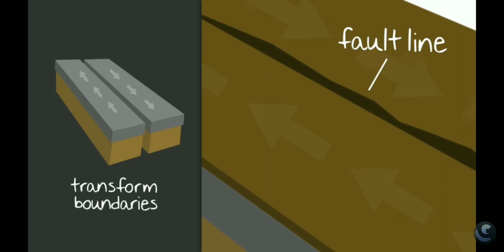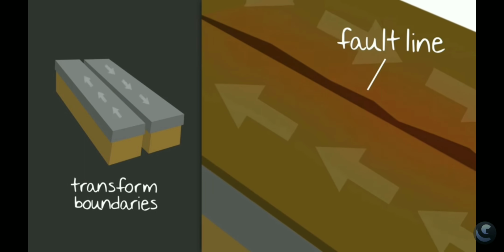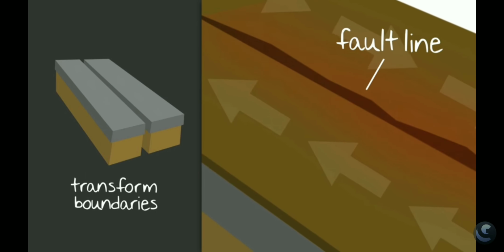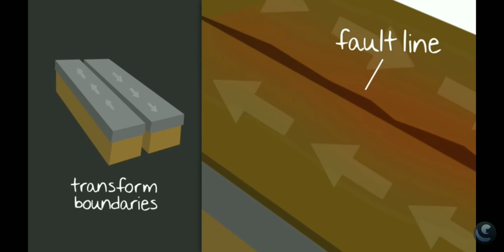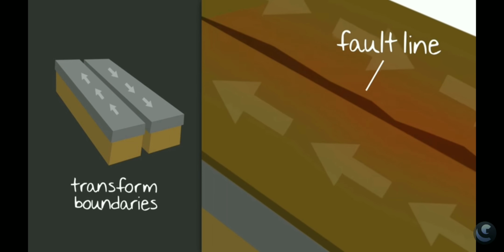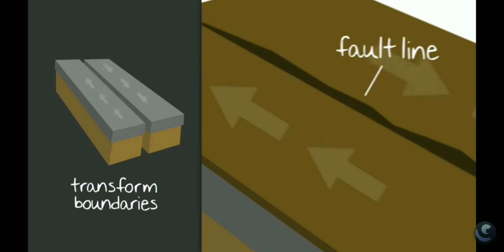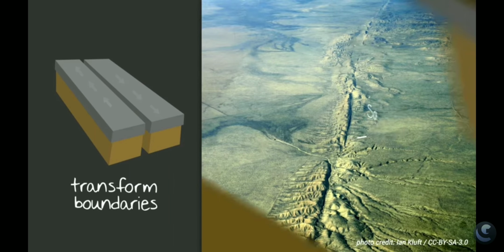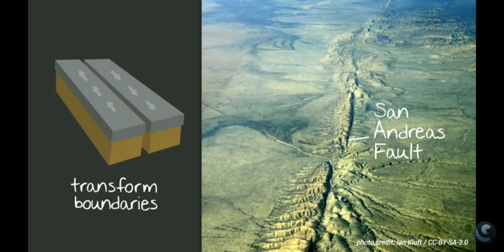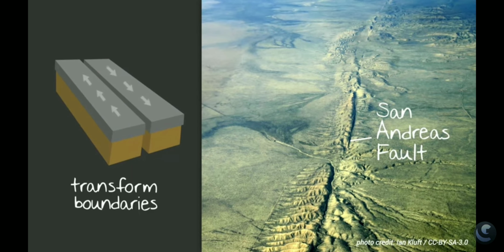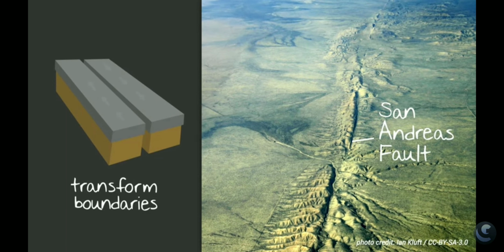As the plates try to move, they rub against one another, resulting in the building up of pressure. If the plates are stuck for a long period of time, the pressure will continue to build at the fault line until eventually it releases, resulting in an earthquake. The San Andreas Fault System is one of the largest transform boundaries in the world, which is why that area has more than its fair share of seismic activity.